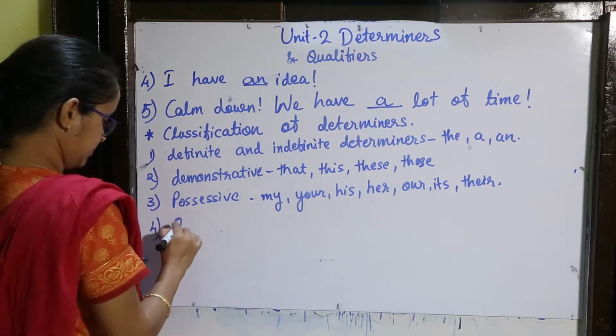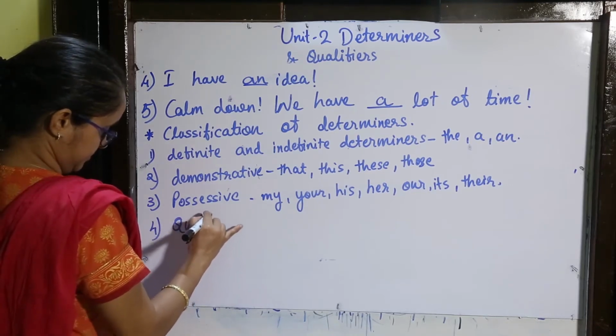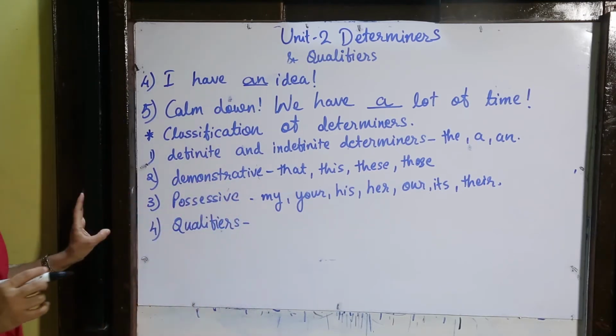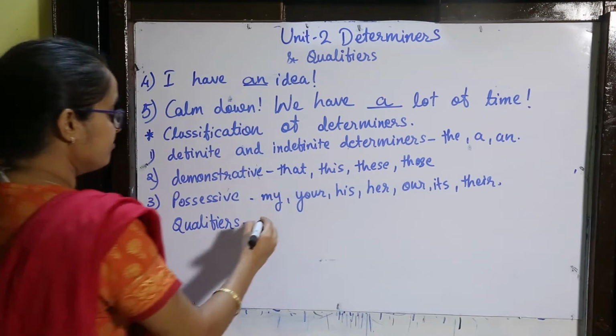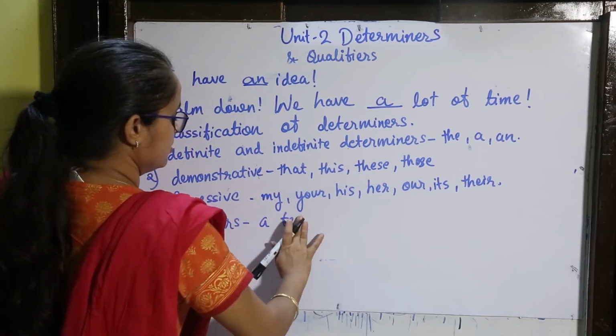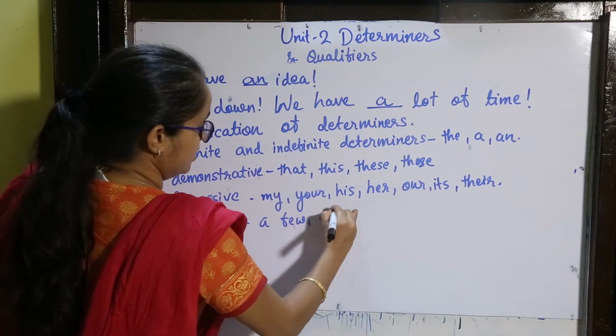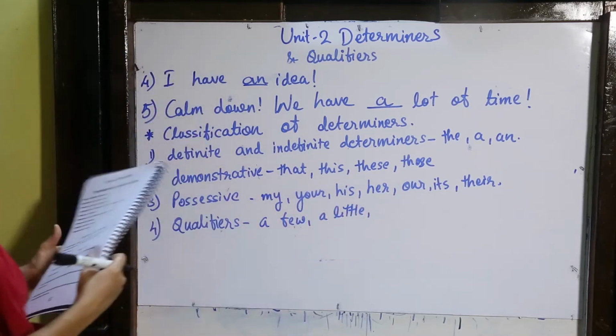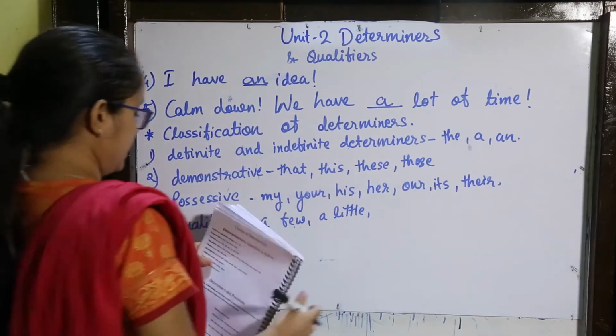Now qualifiers are also called determiners. How does it go? A little, a few, much, many.